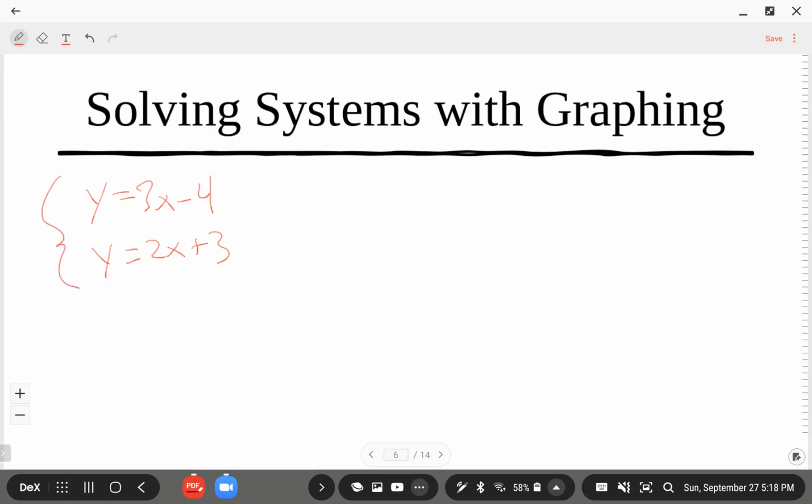Carney, Rayshen, Jocelyn, you have all been to my previous classes, so you should know how to graph. For those who are new, I'll show it again. In slope-intercept form, the coefficient of x is the slope, and the number following it is the y-intercept. Include the sign before it. So the y-intercept would be -4, and the other y-intercept would be 3.